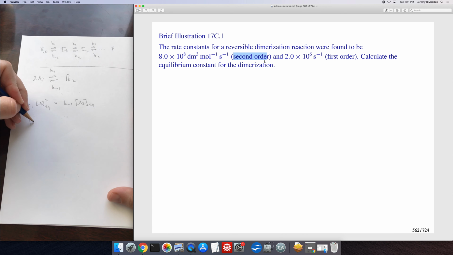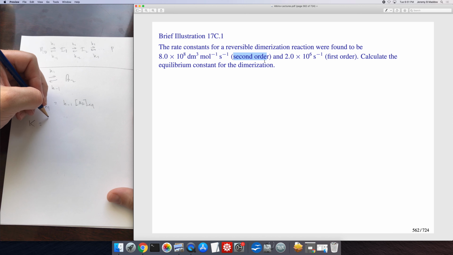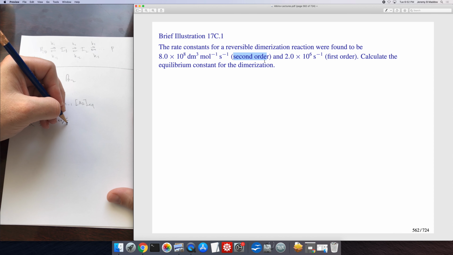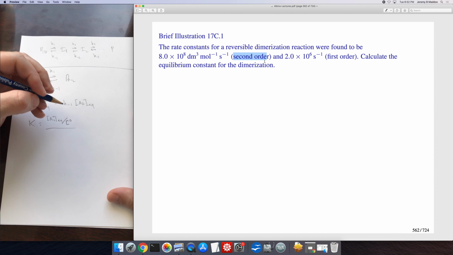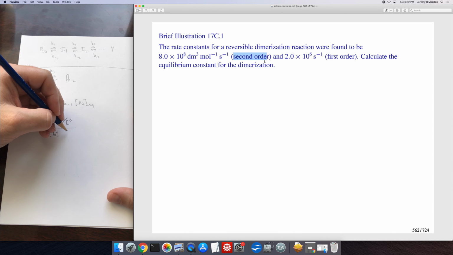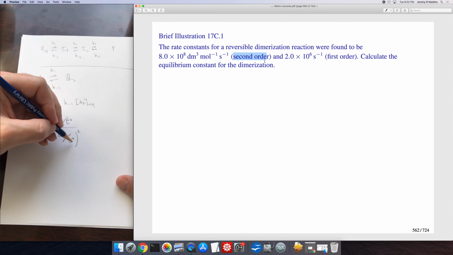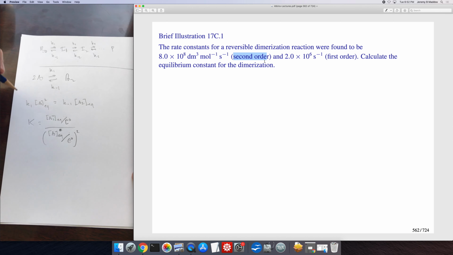And then to build the equilibrium constant, what we would want to do is take [A2] at equilibrium divided by the standard concentration, and we would do it like so. The purpose of that is to get a unitless equilibrium constant.